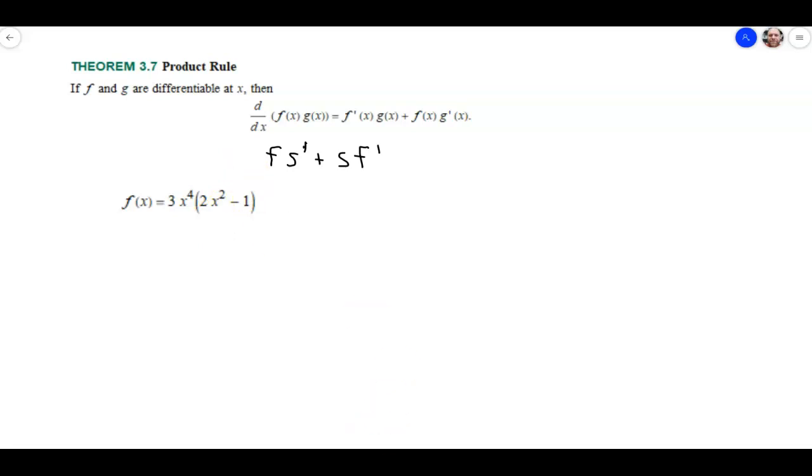And the only way I can see to break this up into two functions where we get every term here would be if we called this the first, and we called this one the second. Alright, so go ahead, see if you can set this up, pause the video, and then when you're ready for the solution, go ahead and unpause the video.